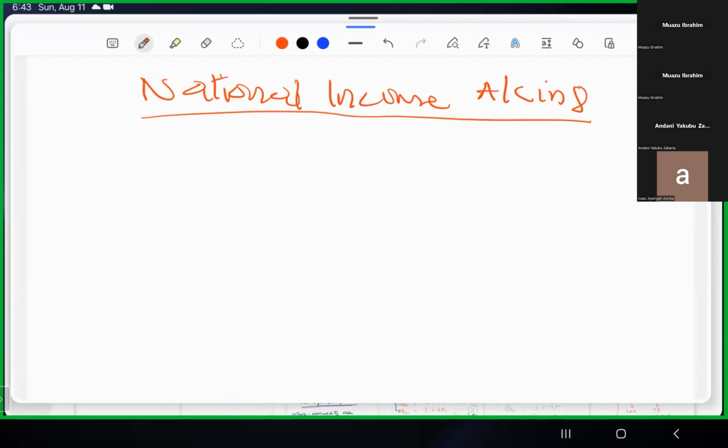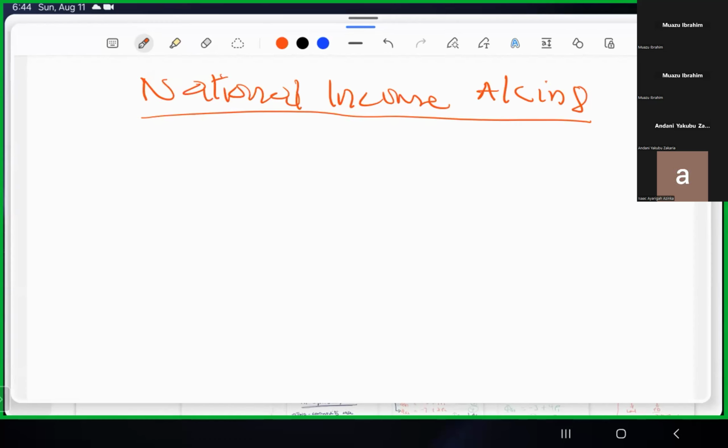Okay, so we are going to look at national income. This is actually the macro side of it. We are basically going to look at issues on GDP, in terms of the national income account, and how the composition of GDP is done. When you look at the composition of GDP, it comprises several items.